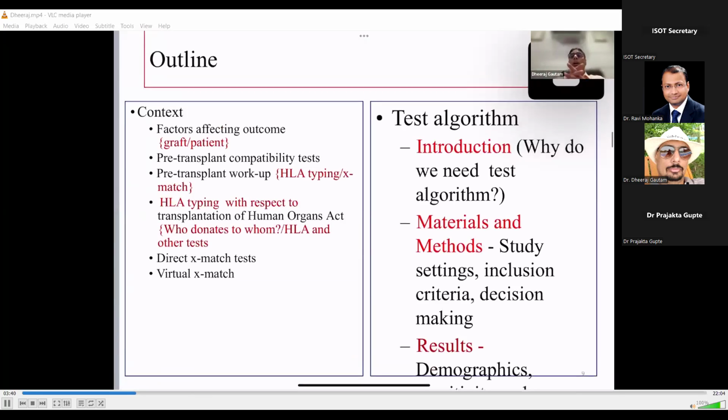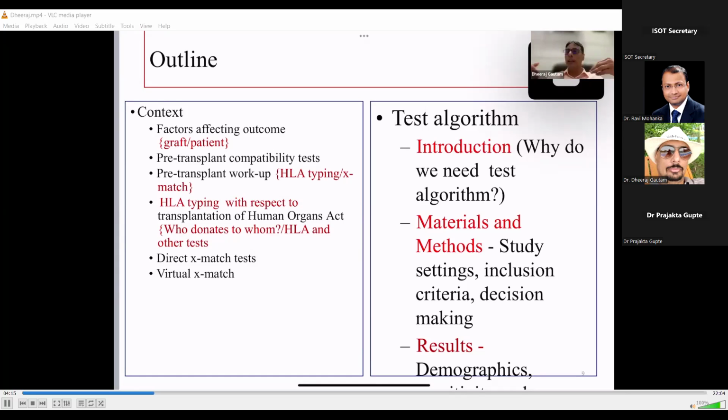So now, with this introduction, we will start with the context and the test algorithm of cross matching. The context is that all these factors affect the outcome of the graft and of the patient. Pre-transplant compatibility tests are very important, and pre-transplant workup like HLA typing or cross match. HLA typing is required with respect to the Transplantation of Human Organs Act, THOA.